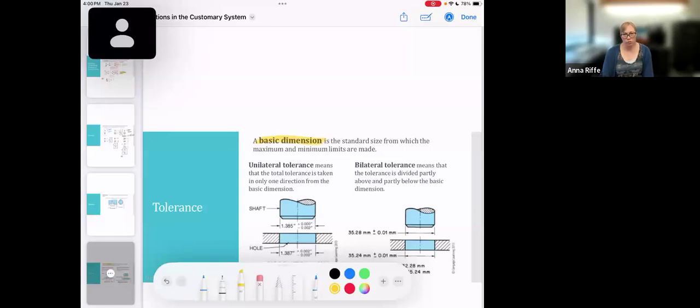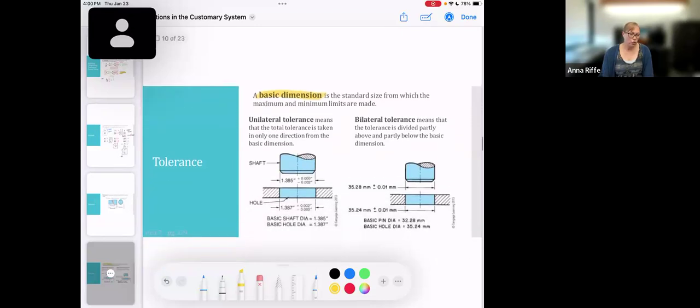From this, no machine is perfect. A certain amount can be added or subtracted in general. The unilateral tolerance means that tolerance is taken in only one direction. So unilateral tolerance here, I think this example is a shaft that is being put inside a hole.